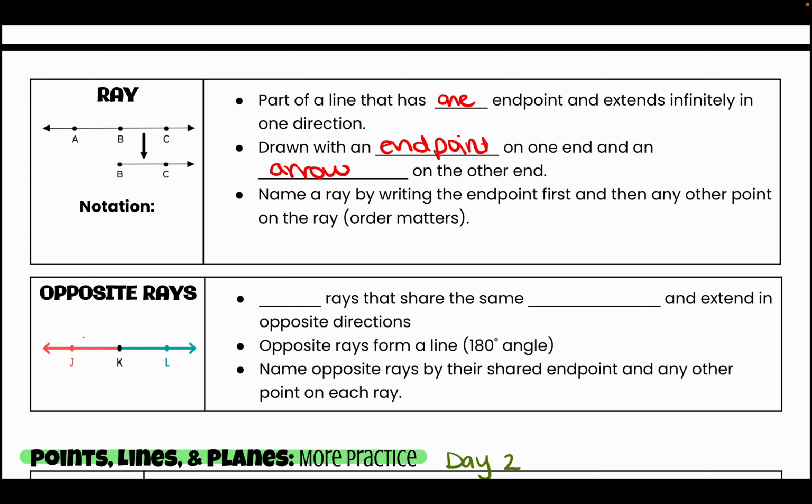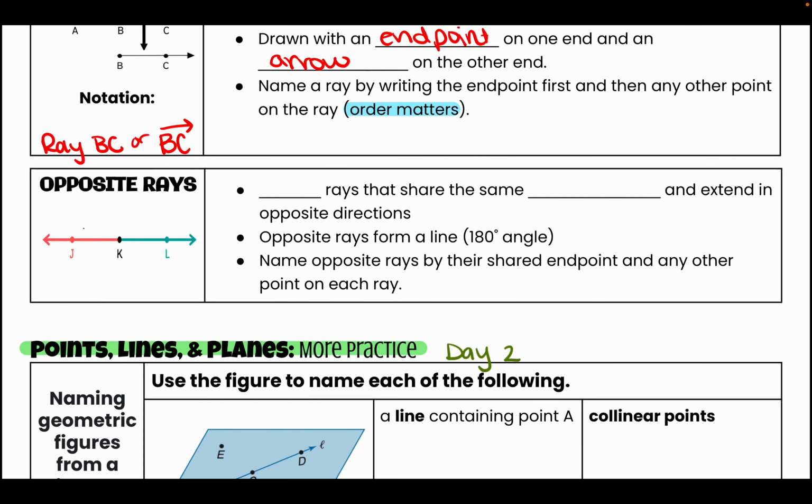And the order here does matter. So in this case, we have ray BC, or ray BC with a line with an arrow on one end. So kind of how we had the line notation would be an arrow on 2 ends, a ray has an arrow on one end. And it kind of looks like the ray also. So that's how I remember the notation.